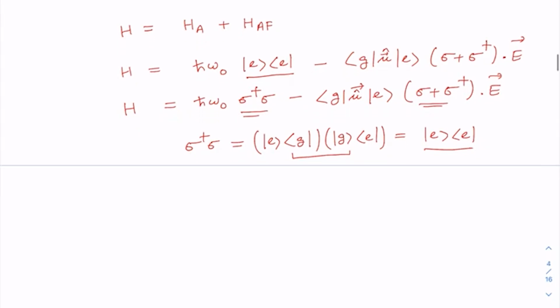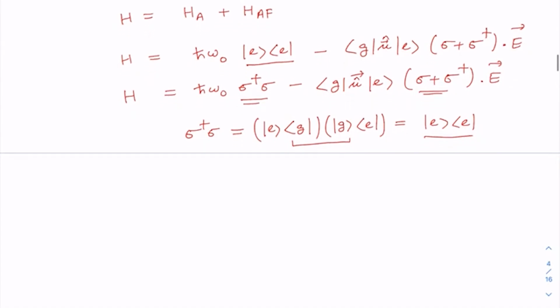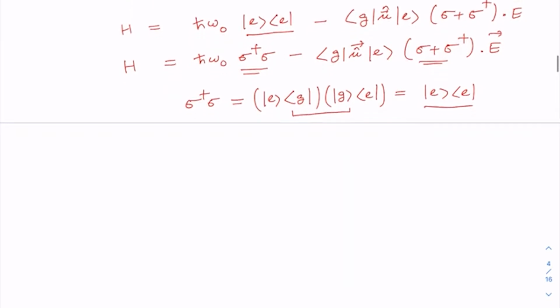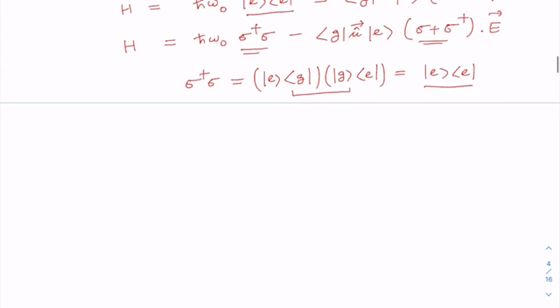Now, just like the way we decompose the electric field into positive and negative frequency parts, we can also do the same for the dipole moment operator.